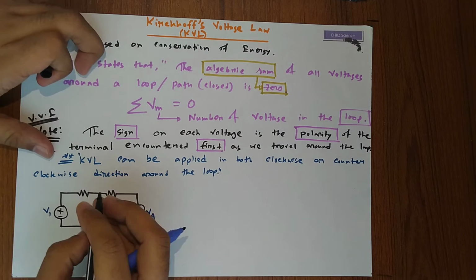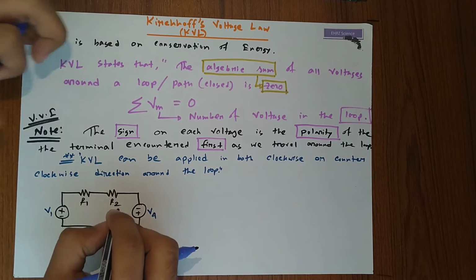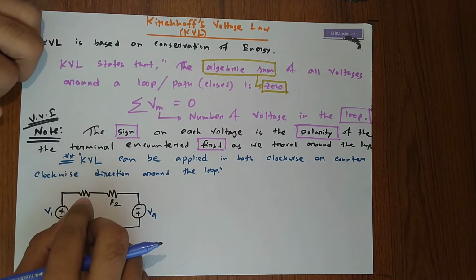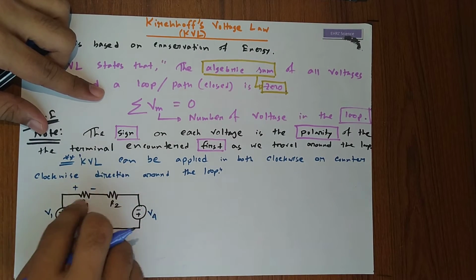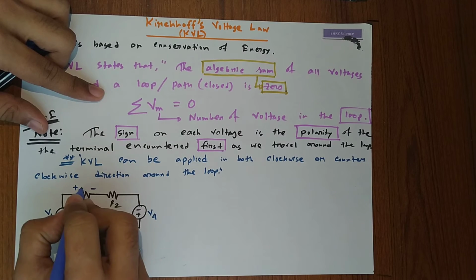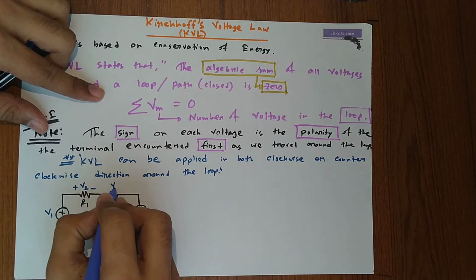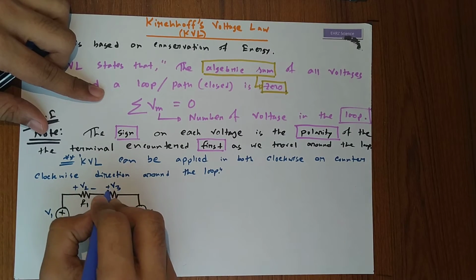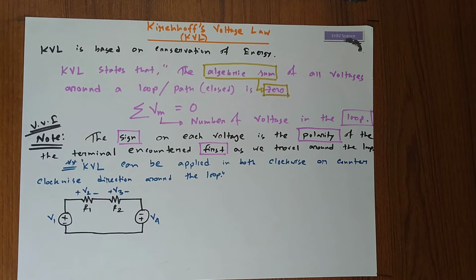The value of this resistor is R1, the value of this resistor is R2, and the polarity is plus, minus, and the voltage drop across R1 is V2, and the voltage drop across R2 is V3. Okay.